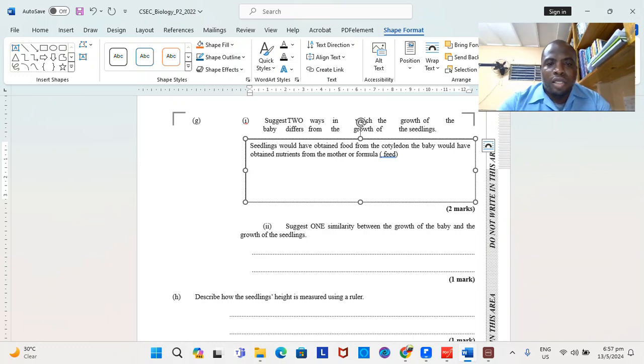The next thing is that the seedling would have some level of independence.